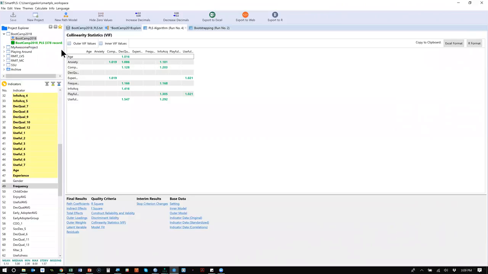The outer VIFs are for the factors and their indicators, to make sure that no particular dimension of a formative factor is being overrepresented, which would be indicated by multicollinearity, VIF. We don't check that for reflective factors because we expect them to be multicollinear. They're redundant variables. They're supposed to be like that.